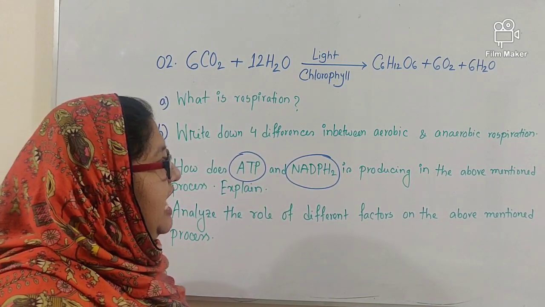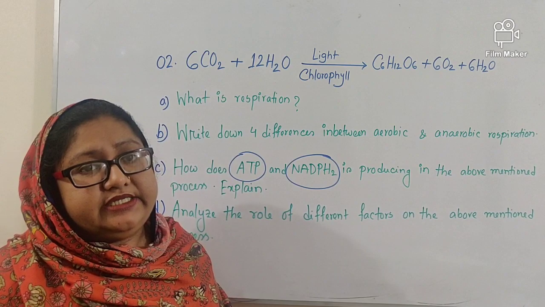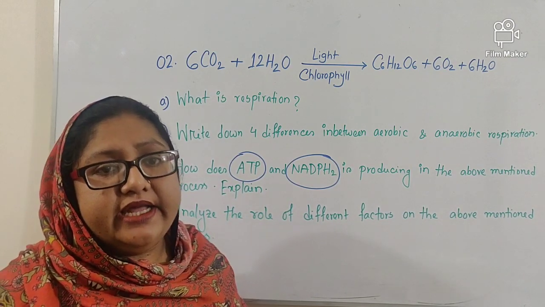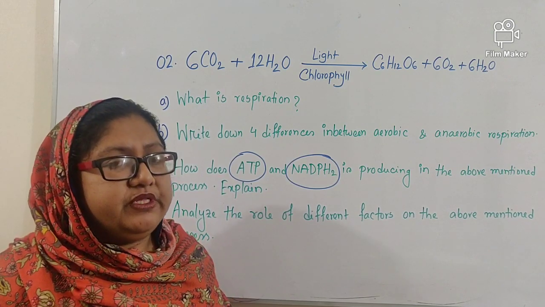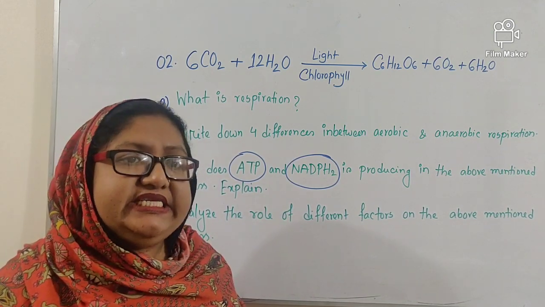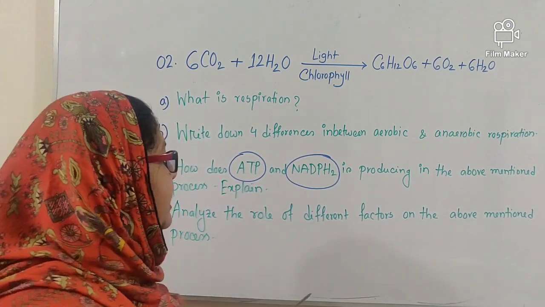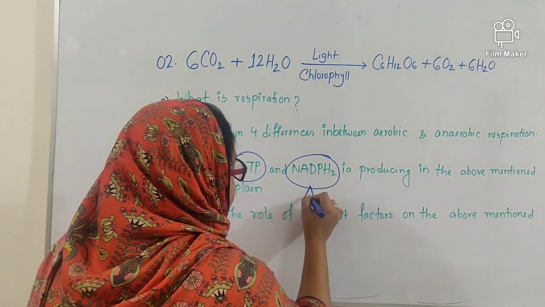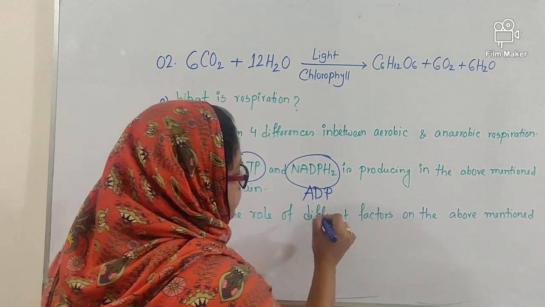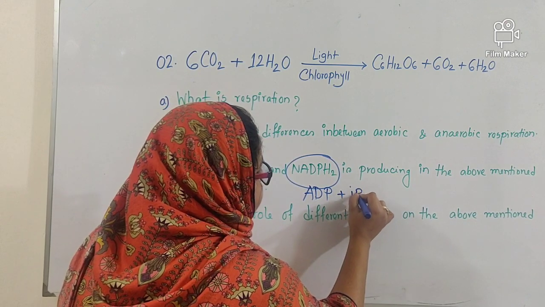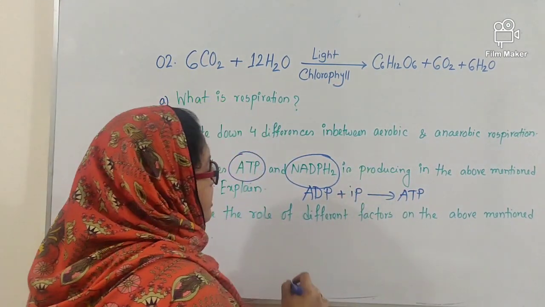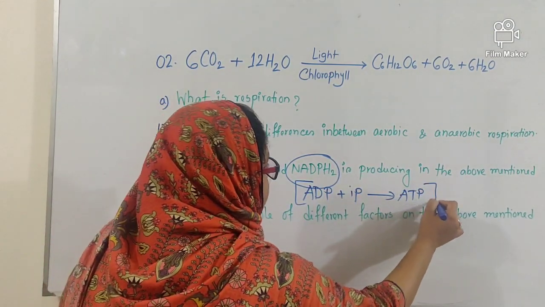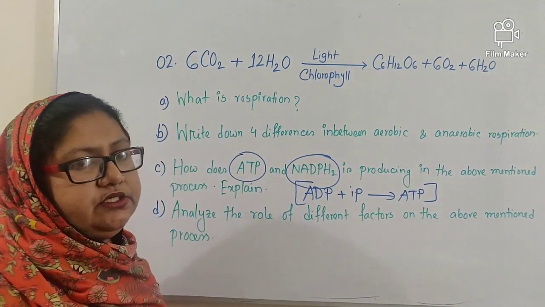The chlorophyll absorbs photons from the sunlight, and the energy obtained is used to produce ATP by combining ADP, which is known as adenosine diphosphate, with inorganic phosphate. It produces ATP. This process is called photophosphorylation.